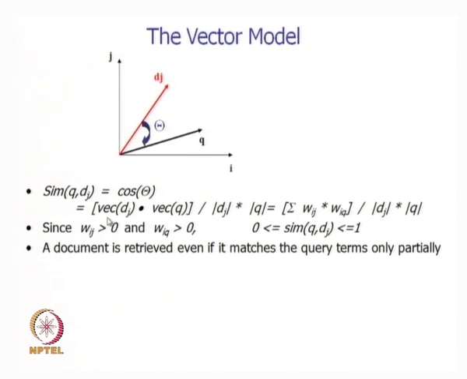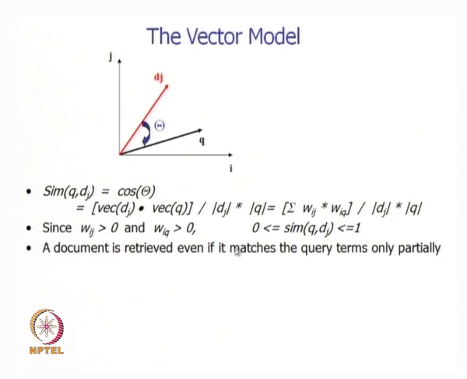Now, the dot product can be found from the sum of the product of the weight values, with i varying from 1 to t, where t is the number of keywords, and it is divided by the modulus of the dj vector and the q vector. So, similarity because of this formulation is between 0 and 1.